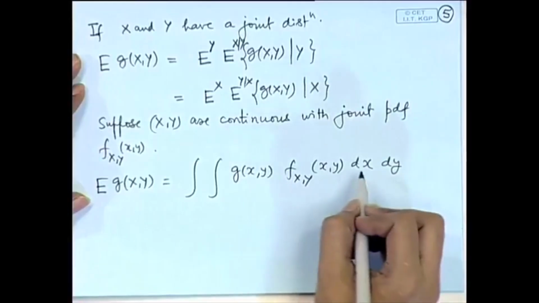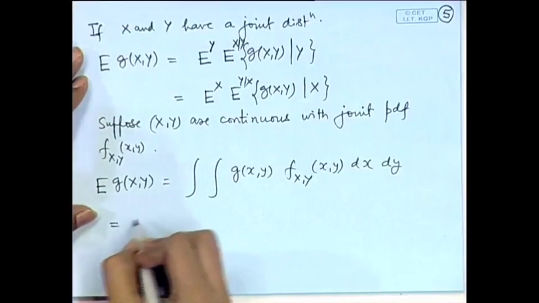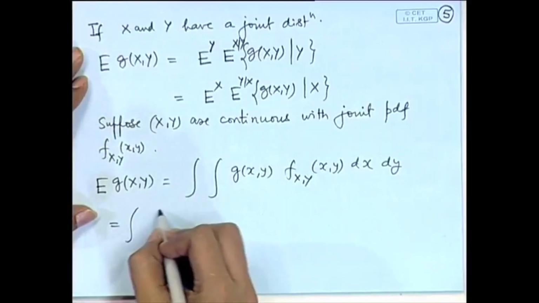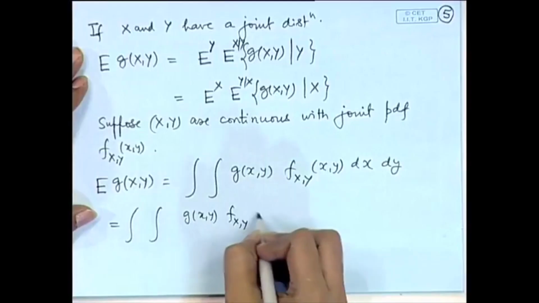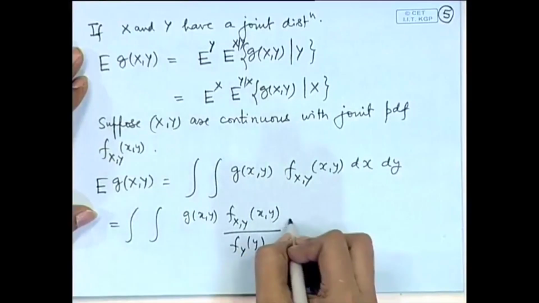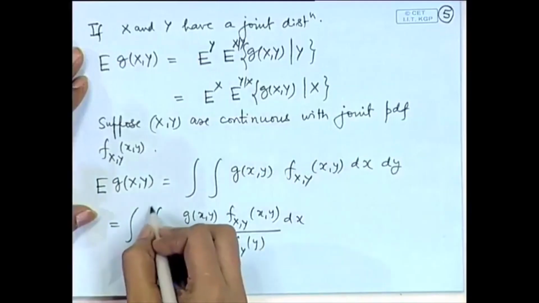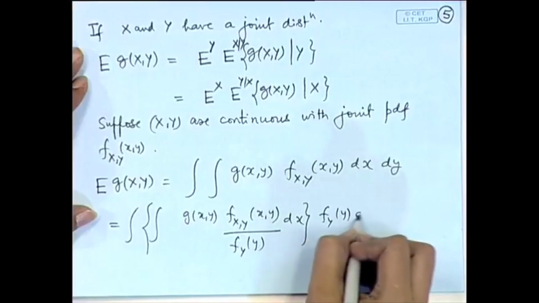Suppose we keep the order of integration as dx dy. Then this we can express as the integral of g(x, y) f(x, y) divided by f(y), multiplied by f(y) dy.